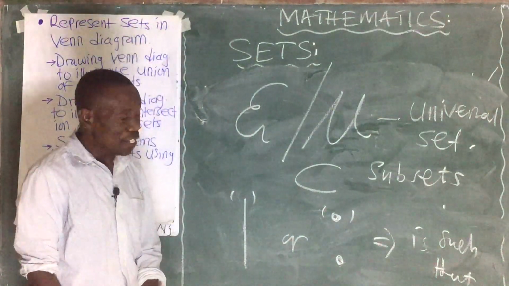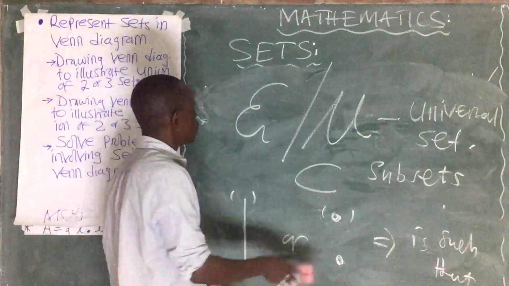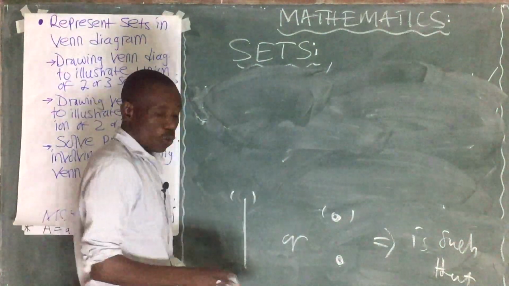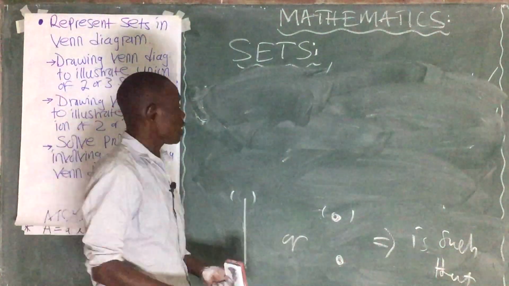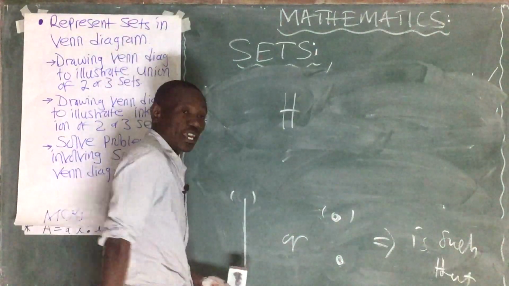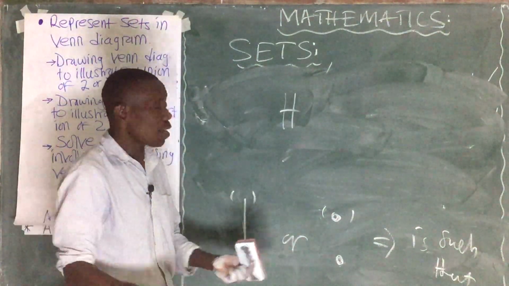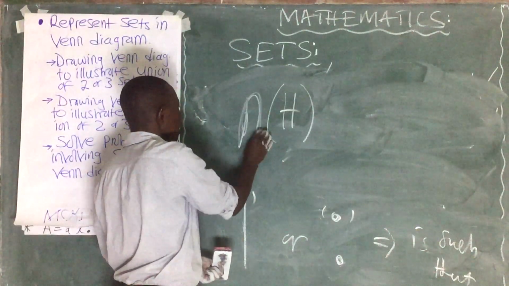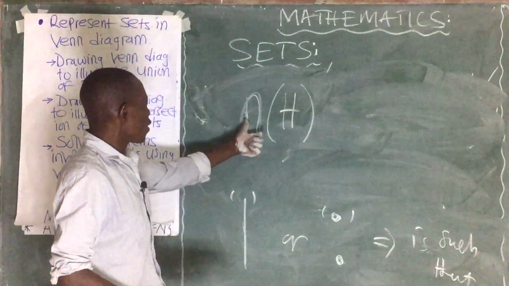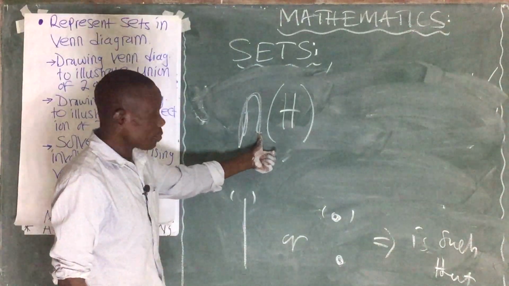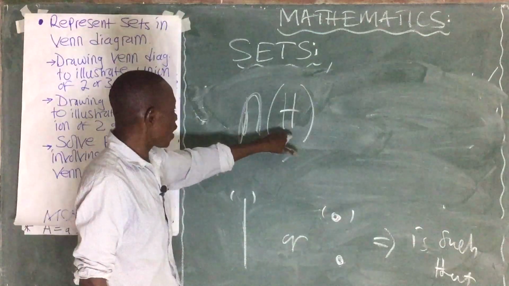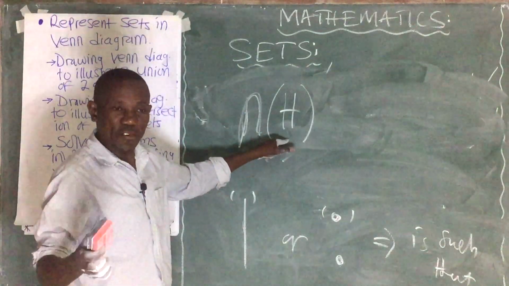And then finally, you need to be exposed to this other symbol, which can be with any set that you are given, maybe set H, set A, set T, and outside here there's a symbol which looks more like N. So it would be just like that, this symbol, then open bracket H, where H simply means any given set.